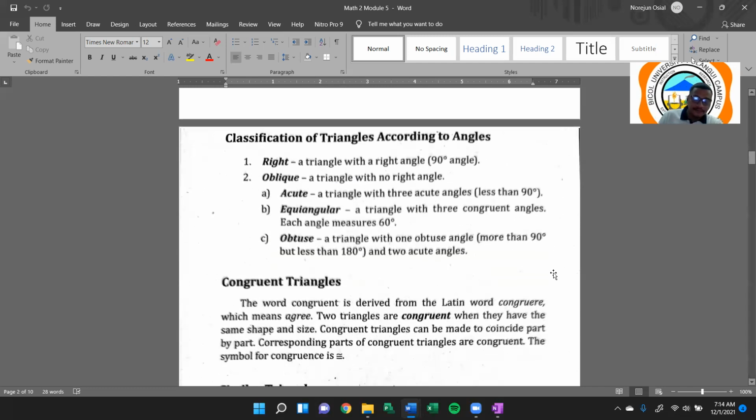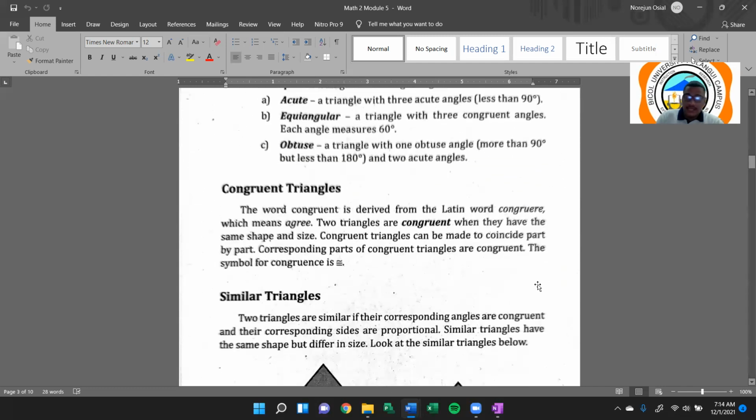Now let's discuss congruent and similar triangles. Two triangles are congruent when they have the same shape and size. Congruent triangles can be made to coincide part by part, and the corresponding parts of congruent triangles are congruent.